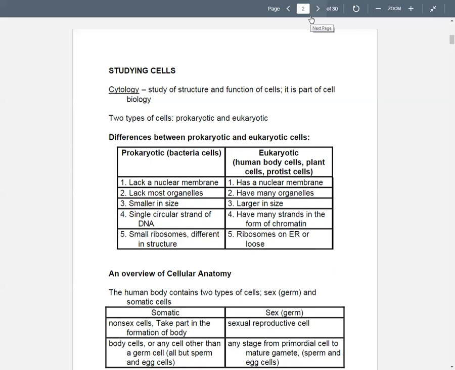In terms of their DNA, prokaryotes just have one circular strand of DNA. Eukaryotes are going to have many strands of DNA, in the form of chromatin. Your prokaryotes have small ribosomes, which have a different structure from what you see in eukaryotes. In eukaryotes, you're going to see them roaming free, or attached to the endoplasmic reticulum.